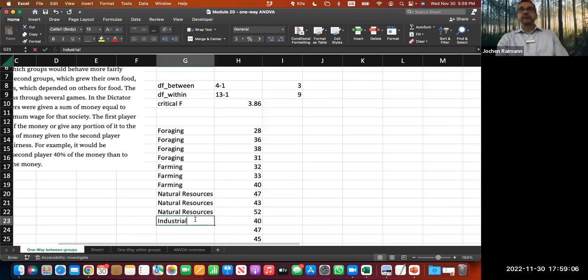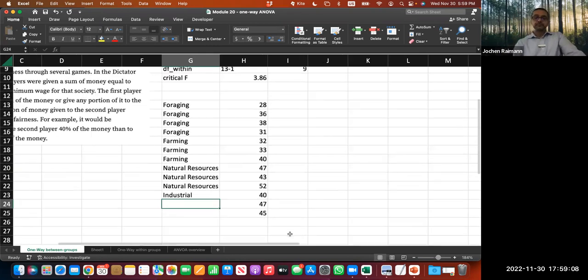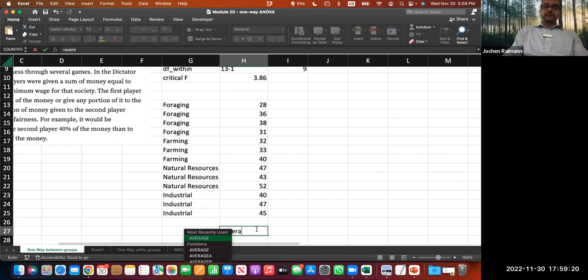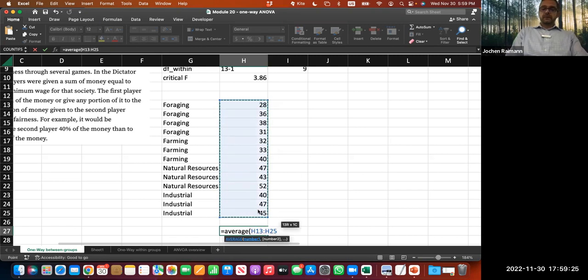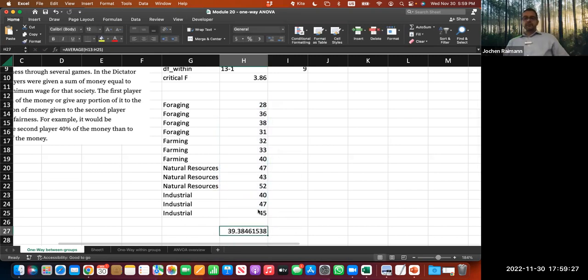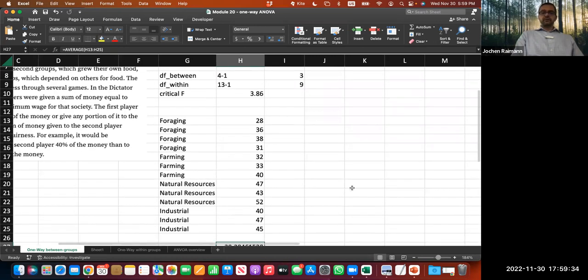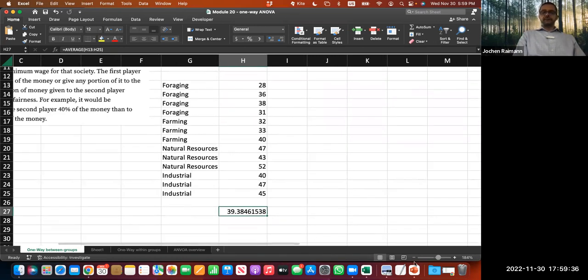Once you have your data in this format, you can quite easily calculate your grand mean by calculating the average of all these entries. That essentially will be 39.38. So this is our grand mean.